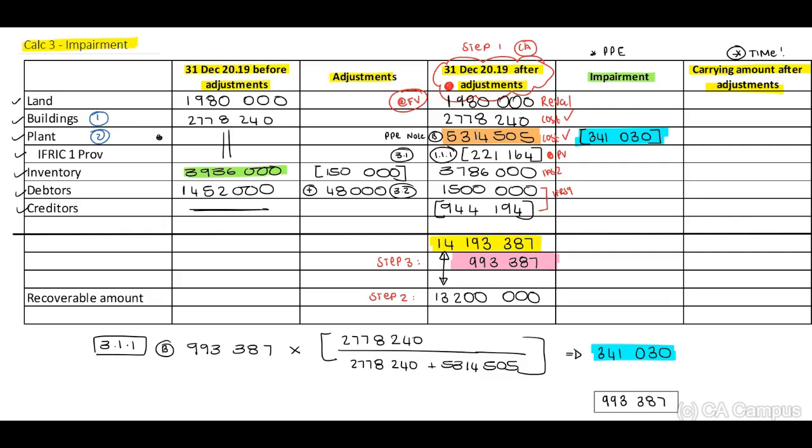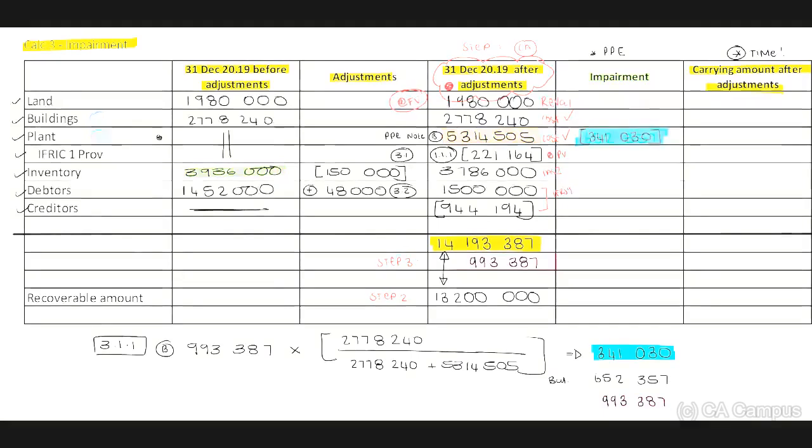And then the balancing figure will relate to my plant. I'm going to include your balancing for my marker to be able to identify. And we need to determine the plant's value. Our total impairment has to be the 993,387. Therefore, our plant's value is 652,357. Okay, sorry guys, wrong columns here. Let me just quickly move this.